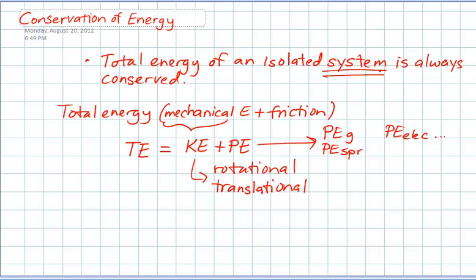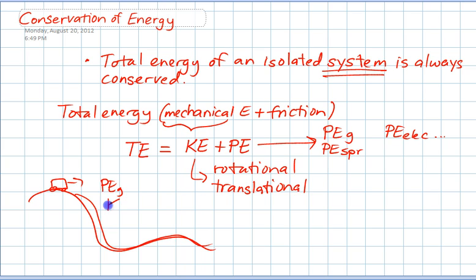So there's a lot of problems about roller coasters. So there's a roller coaster and a couple hills, and as the roller coaster goes along and goes up and down the hills, what kind of energy is present? Well, there's no springs hanging out, so there's no potential energy due to springs. There's just going to be potential energy due to gravity. It's going to be moving, so there's kinetic energy due to translation, and that's our 1/2 mv squared.